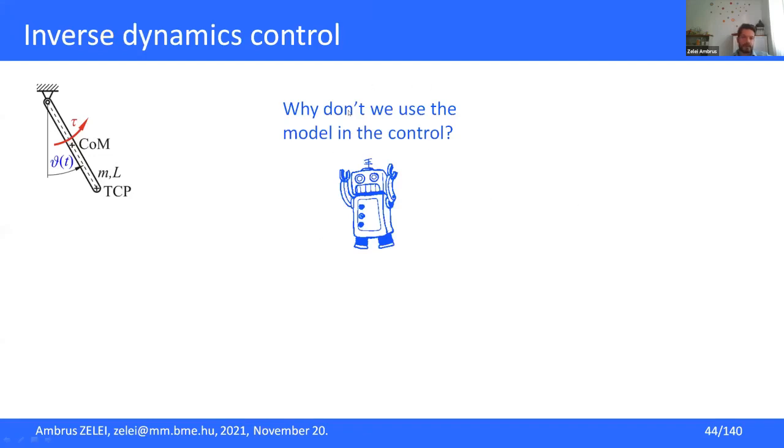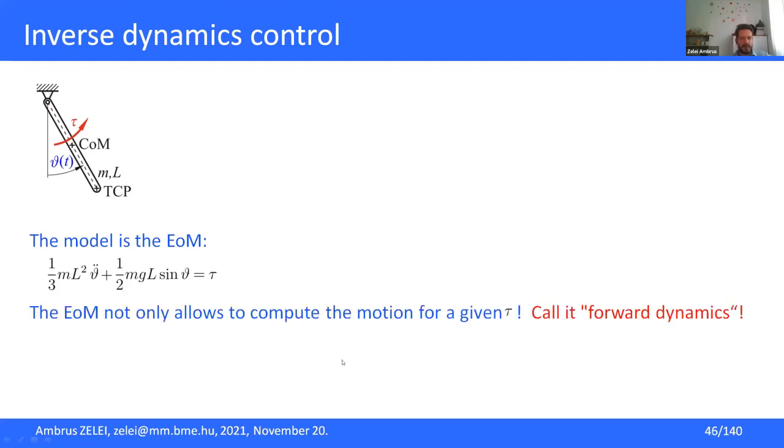So the idea is to use the model in the control. So let's go back to the equation of motion of this very simple example. Again, there is the mass moment of inertia times the angular acceleration, some gravitational effects here, and on the right-hand side there is the control torque.